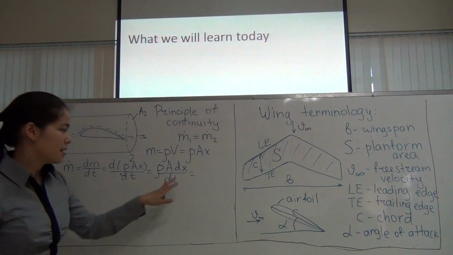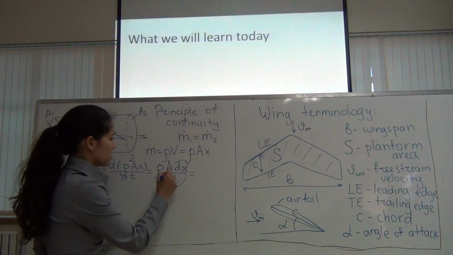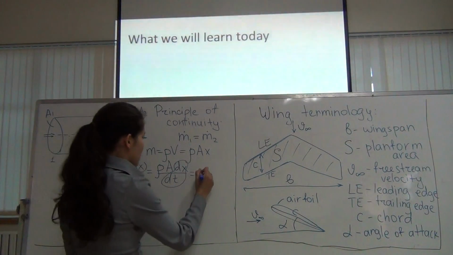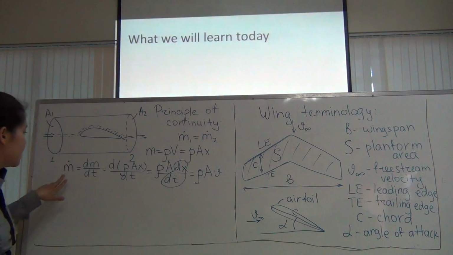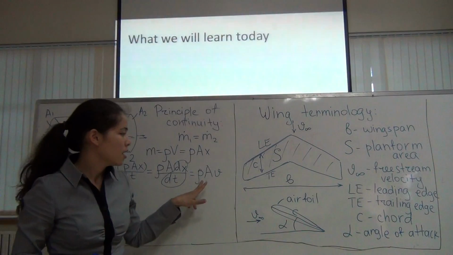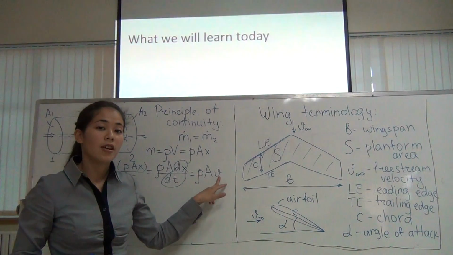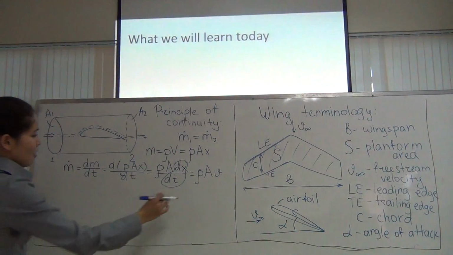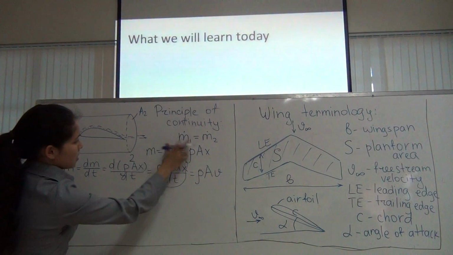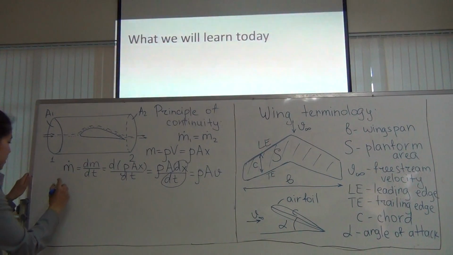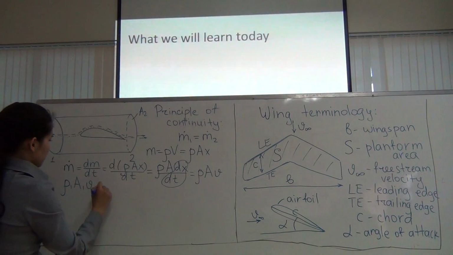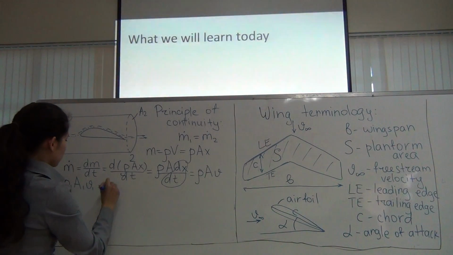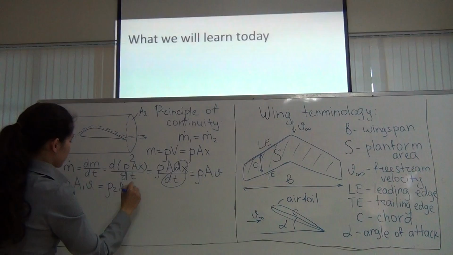So that will give us derivative of distance with respect to time. And we remember that this expression is equal to velocity. So that means we can write it down here. And that means that mass flow rate is equal to density multiplied by area multiplied by velocity. So now we can substitute this expression for m dot in this equation. Let's do it, and we will get rho 1 A1 V1 equal to rho 2 A2 V2.